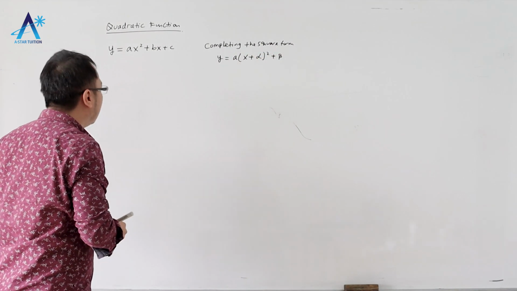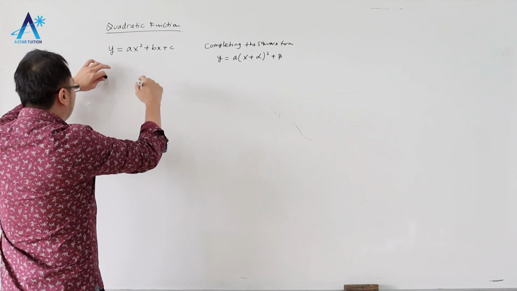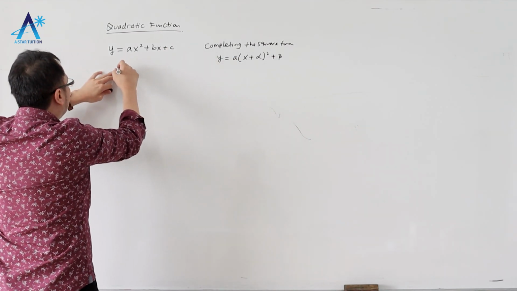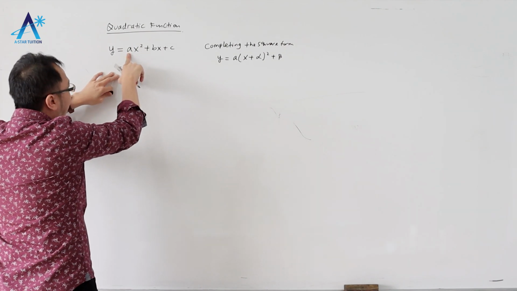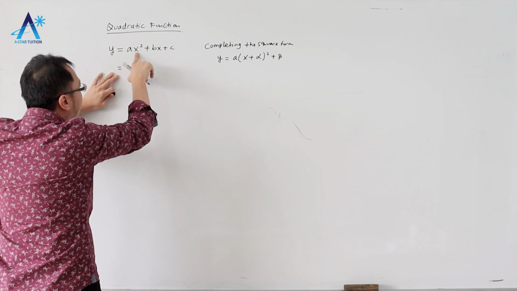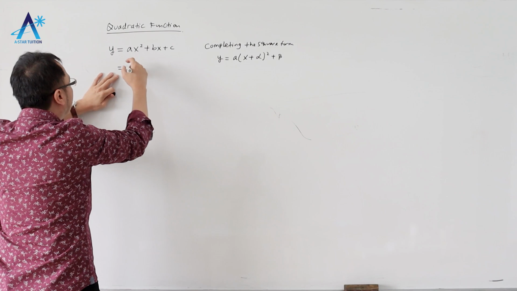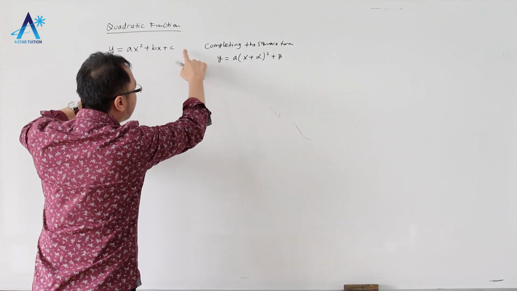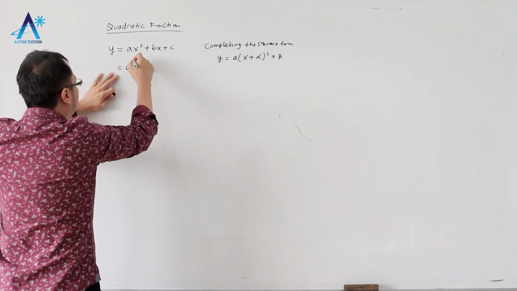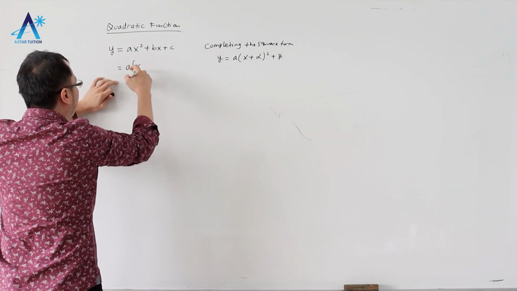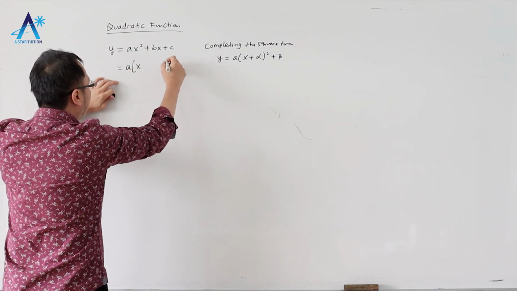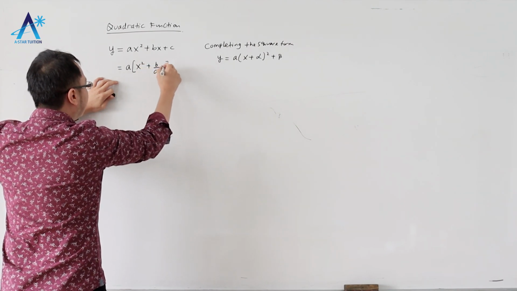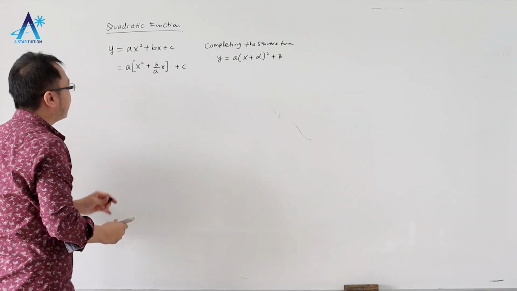Okay, so referring to this, we need to factorize this a and make sure that the coefficient of x squared equals 1 while keeping the constant intact. So this is going to be a times the big bracket x squared positive b over a x positive c.